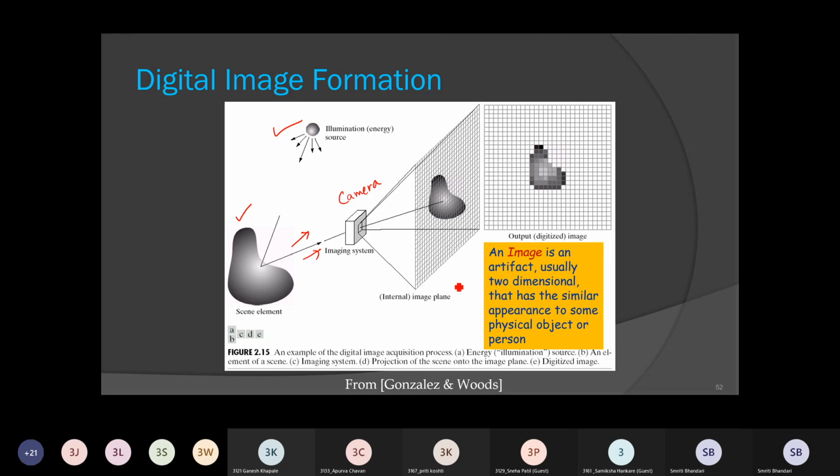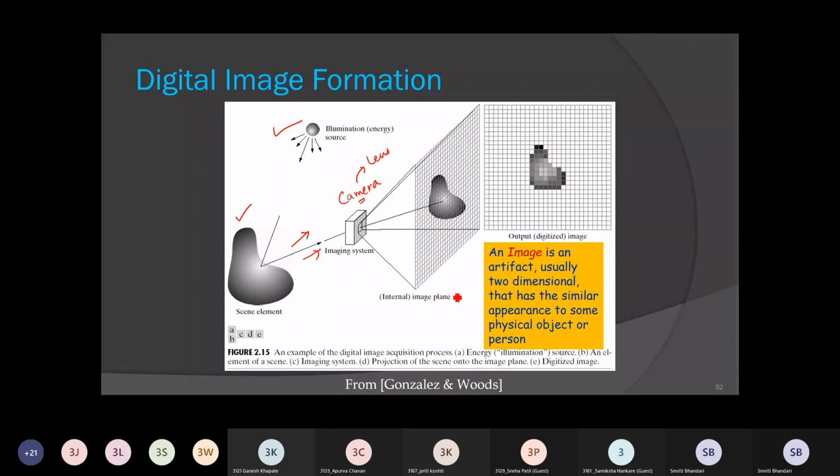So this is our image plane. You must know that if we use a camera, it has some lens, and that is nothing but the sensor, right? So this imaging system comprises some kind of lens with some focal length, and we have this image plane. The imaging system collects the incoming energy and focuses it onto the image plane, right? Now our illumination is actually light.